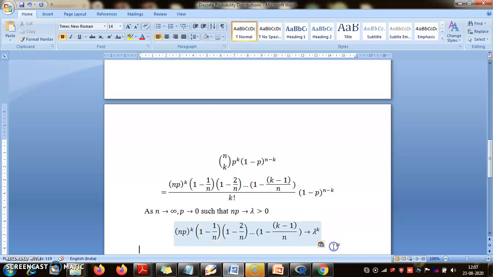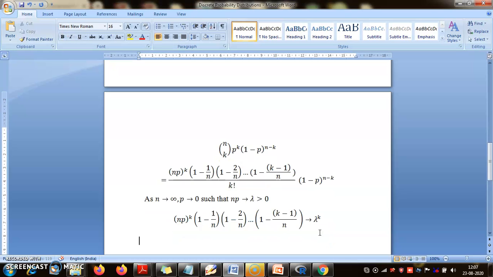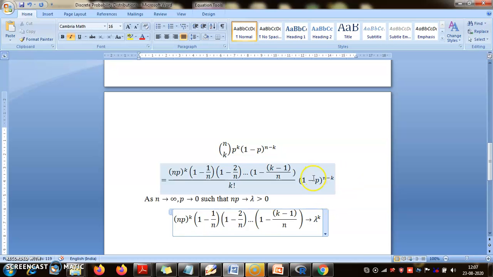Now here, what happens to this expression? Again, you see there are two terms here.